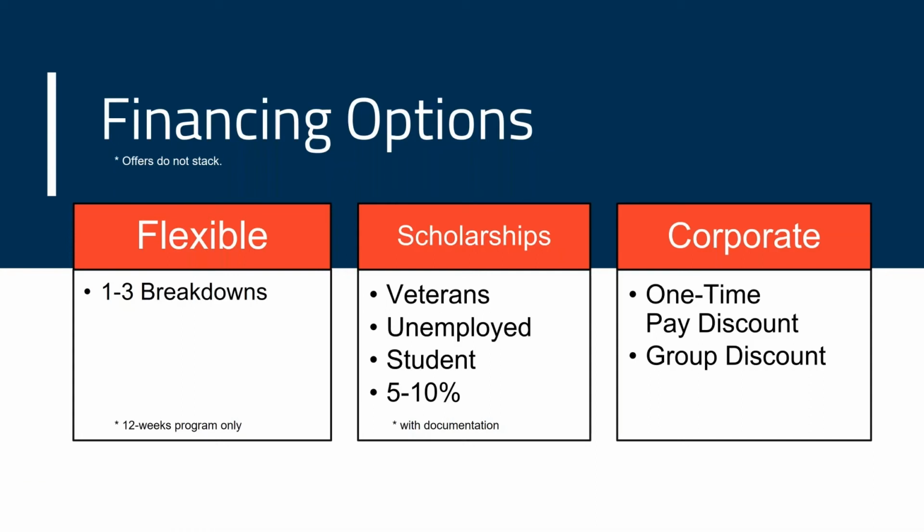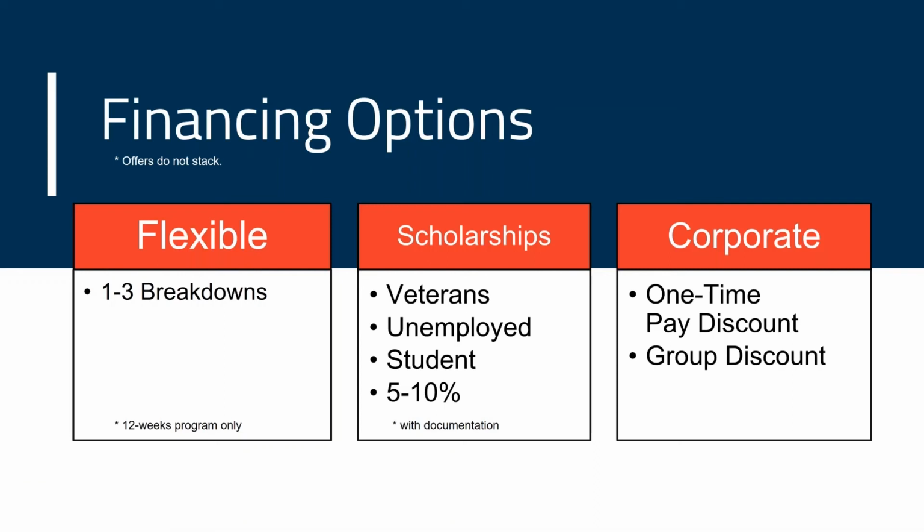We have scholarships for a select number of groups that can provide documentation for it, and then we have options for corporate where you bring in groups and get a one-time pay discount, things like that. So if you want to find out more, feel free to email us about the financing options and such.